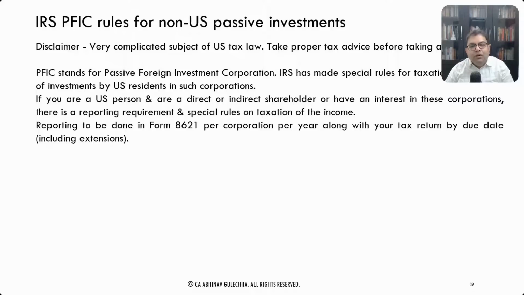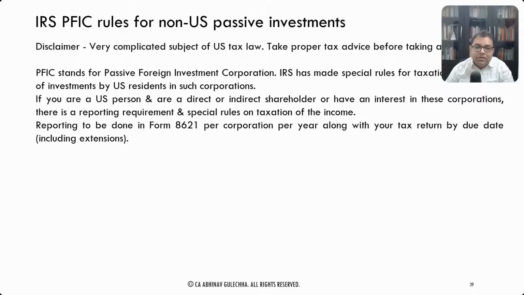And if you hold investments or hold any interest or are a shareholder in those corporations, every year you need to do a reporting in Form 8621. Now suppose you have five mutual funds, right? Five Indian mutual funds as a US resident. You need to do separate 8621 reporting for each mutual fund every year along with your tax return. Now, the timeline is you have to file it with the tax return.